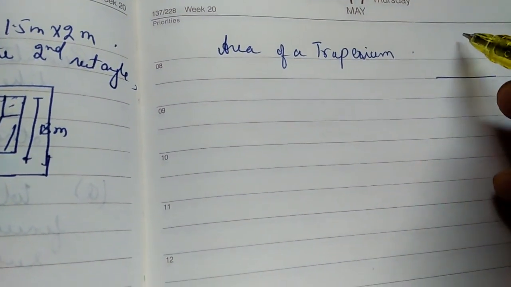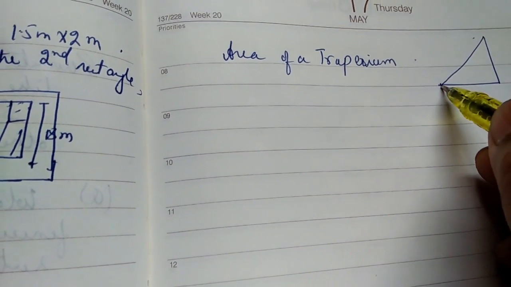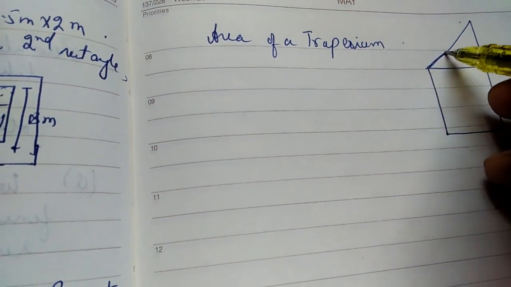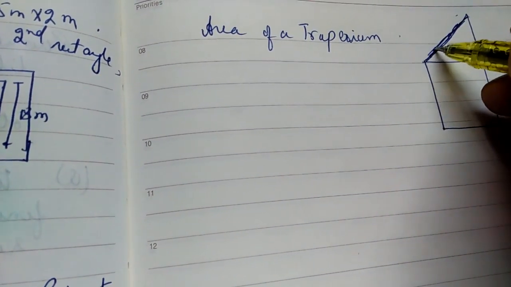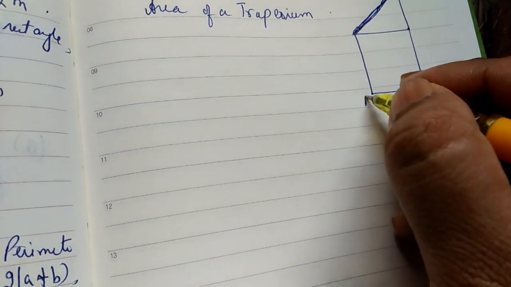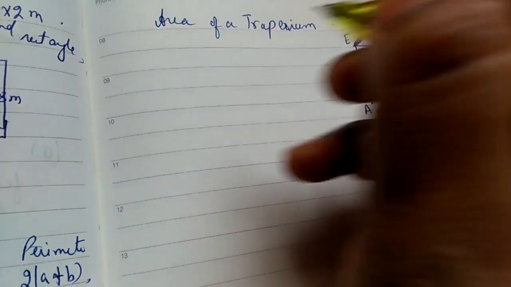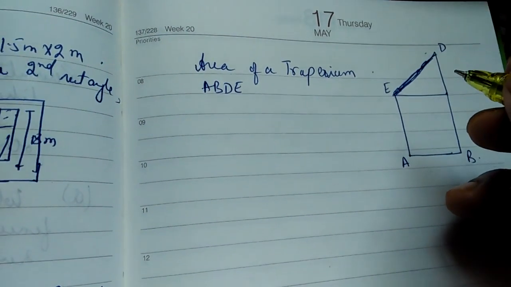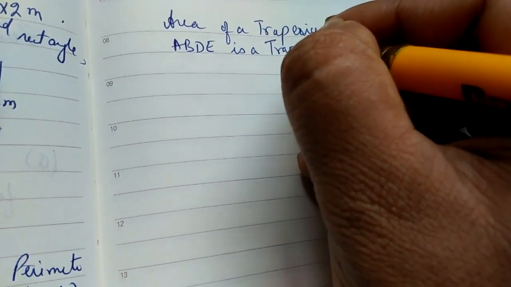So let's draw a trapezium. Okay, so A, B, D, E is a trapezium.